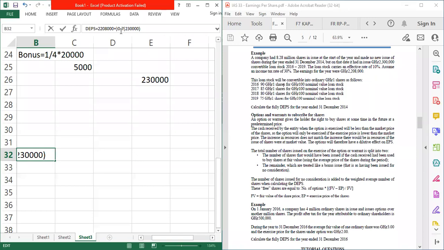Okay. So all divided by what is the current number of ordinary shares that we have? 8.28 million. 8,280,000. Okay. Then if we convert this, it will increase the number of shares that we are going to have. But you can see that they have given you so many years, isn't it?